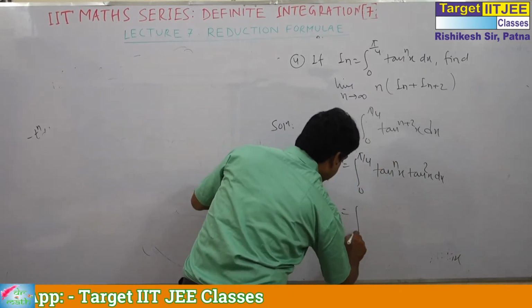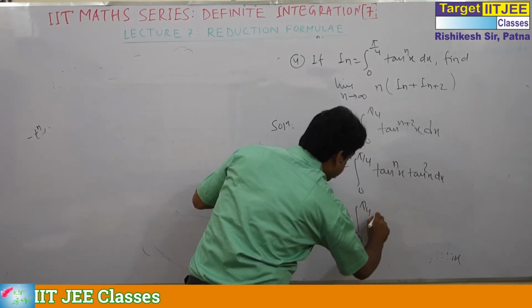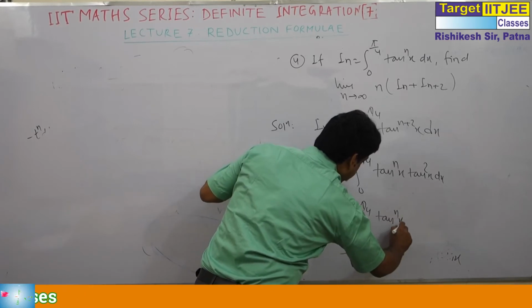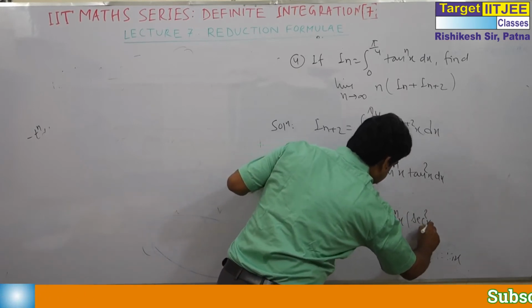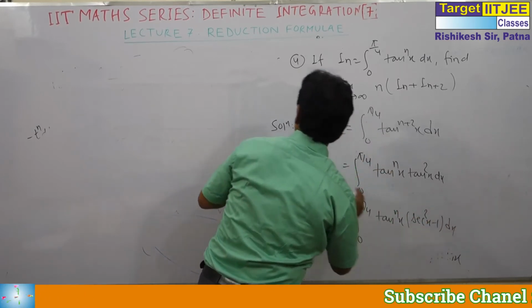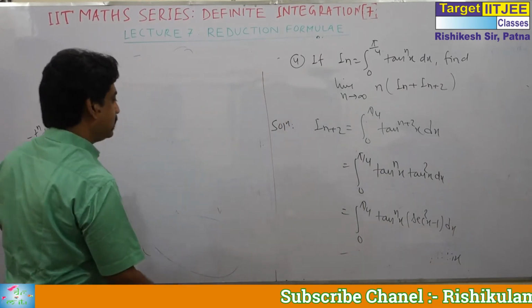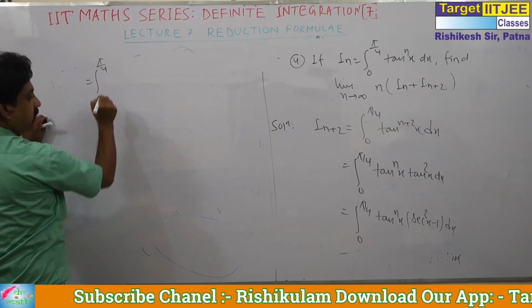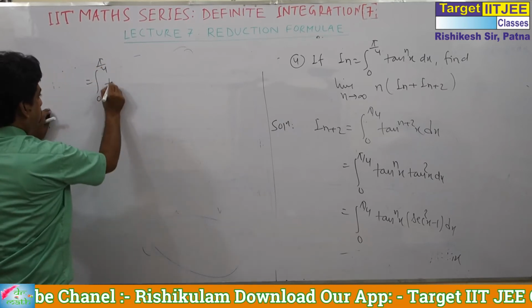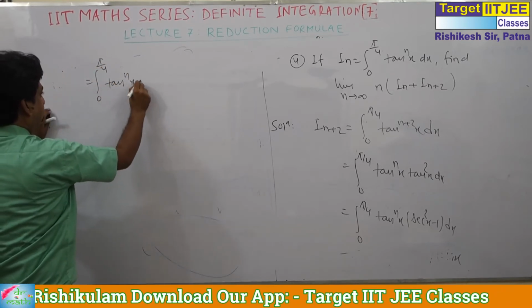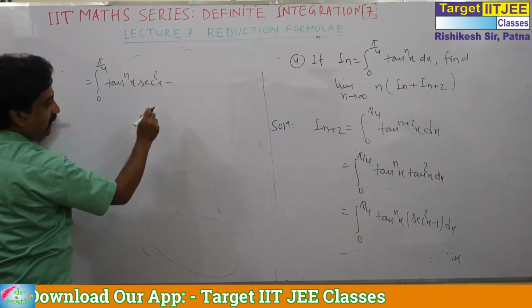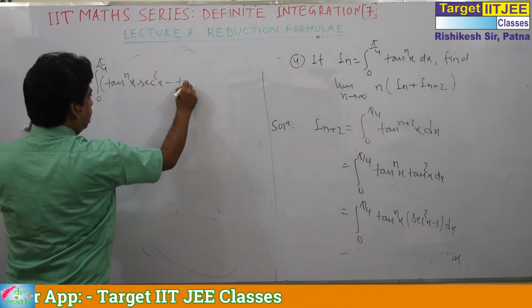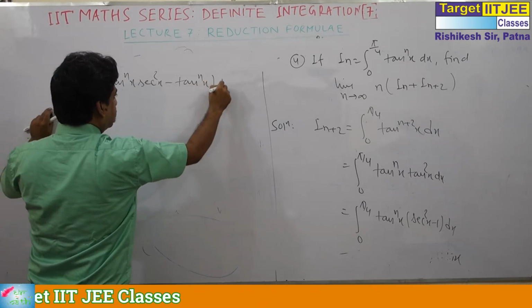We write it as the integral from 0 to pi by 4 of tan to the power n x times (sec square x minus 1) dx. We write it as the integral from 0 to pi by 4 of tan to the power n x sec square x minus tan to the power n x dx.